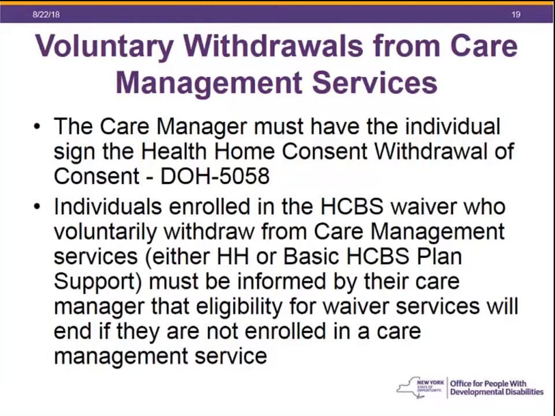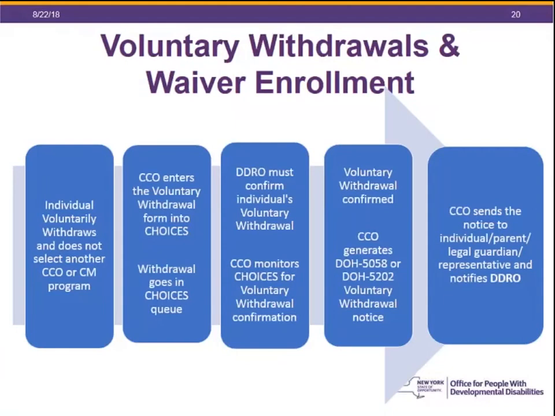So as you know, today, an individual, in order to continue waiver enrollment, must be receiving and enrolled in a care management program. So for this case, we do have a process where the DDRO will review whether an individual, to make sure they understand that their choice means that they would then be choosing to disenroll from the HCBS waiver. So this is a flow describing that process.